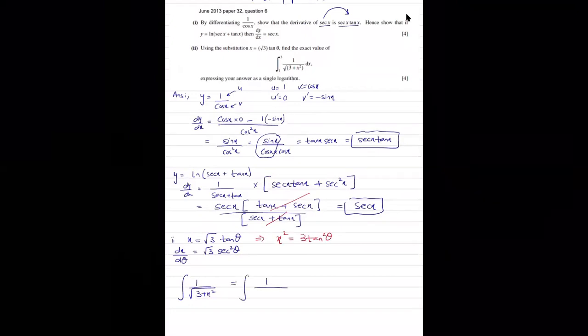So the integration of 1 upon square root of 3 plus 3 tan square theta d theta. Sorry, over here we have dx, so I need to replace dx as well. dx is going to be root 3 secant square theta d theta.